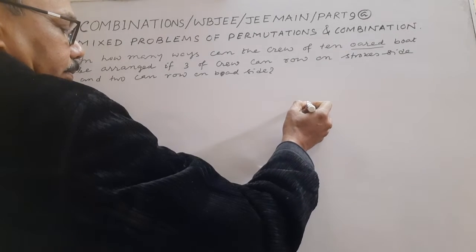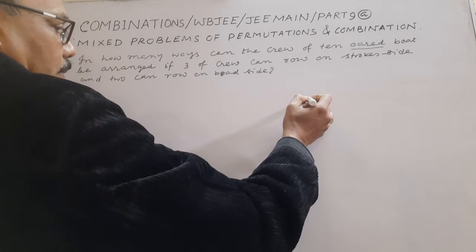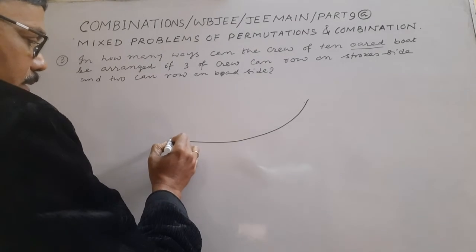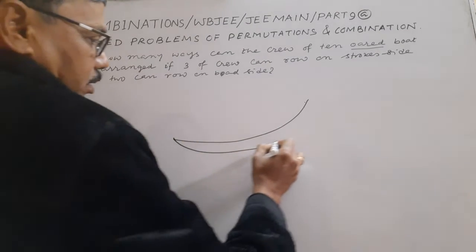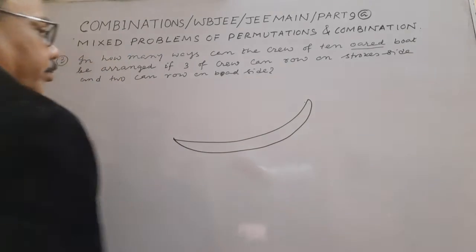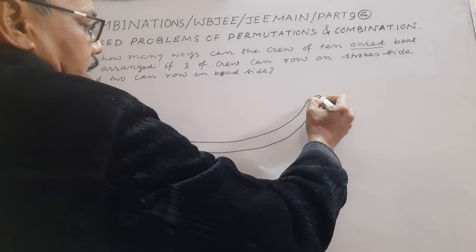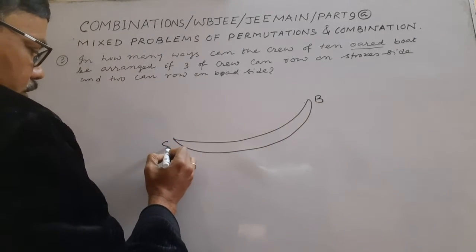So there is a boat. This is bow side, this is stroke side.